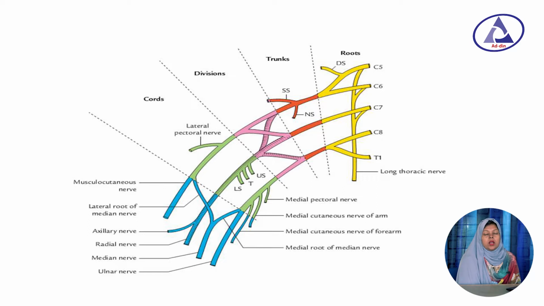Now, why is it formed? The brachial plexus is formed to supply the muscles of the anterior and posterior regions of our arm.